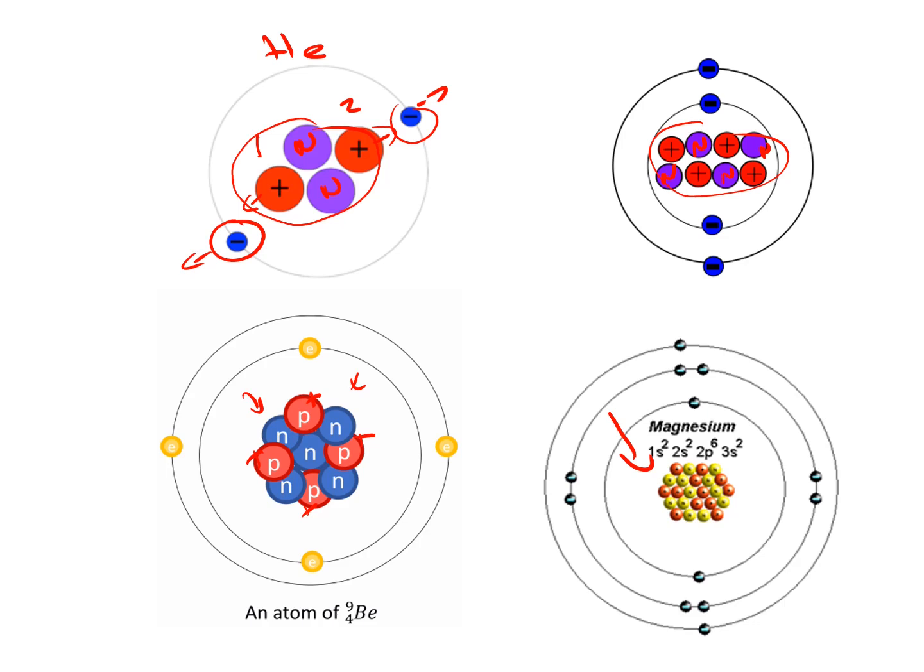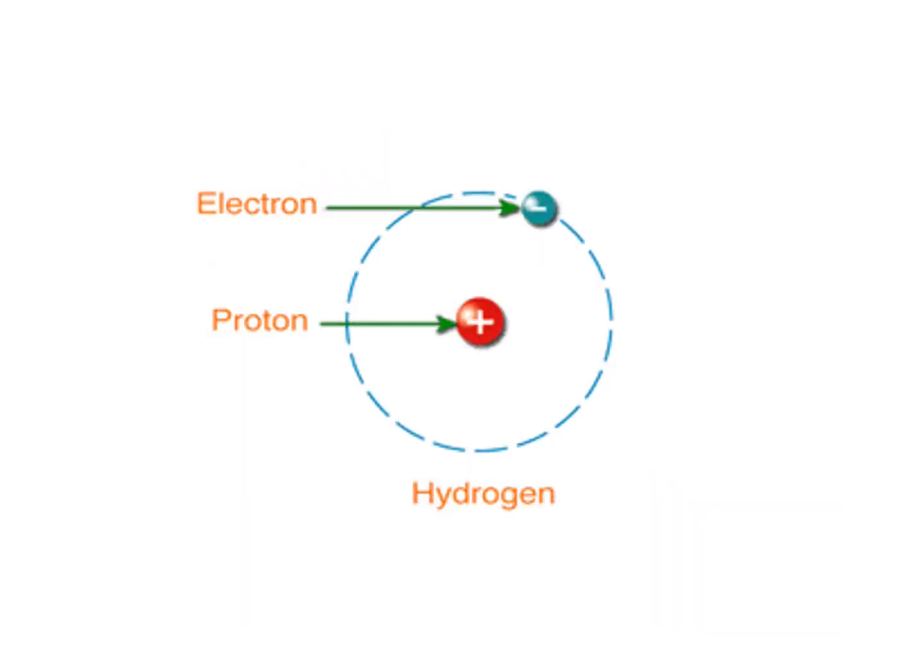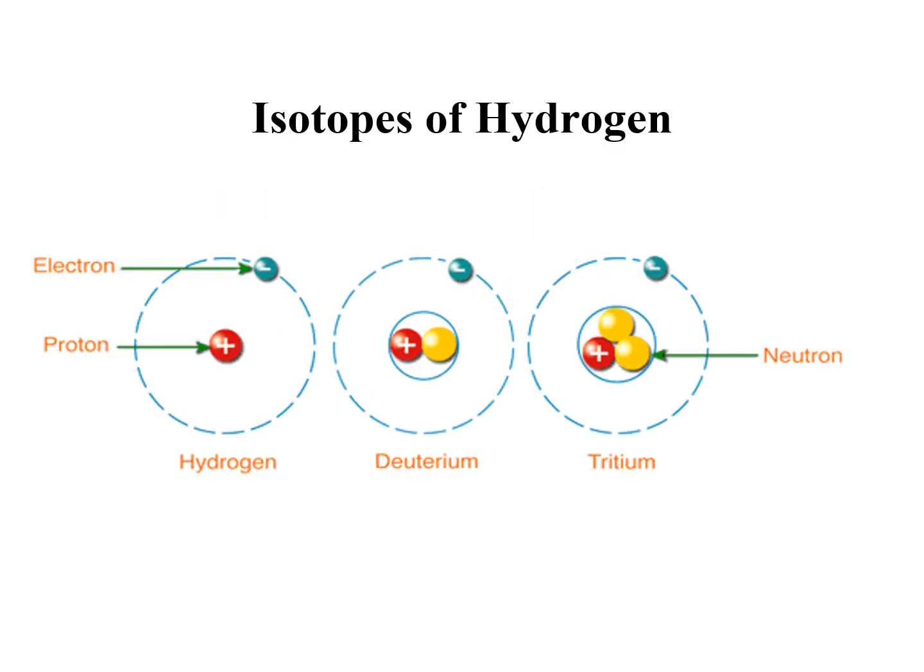But let's see what happens in the case of hydrogen. In the case of hydrogen, you only have one proton, and here you have the electron. So here you don't need a neutron to separate two protons. So the most common hydrogen atom lacks neutrons.